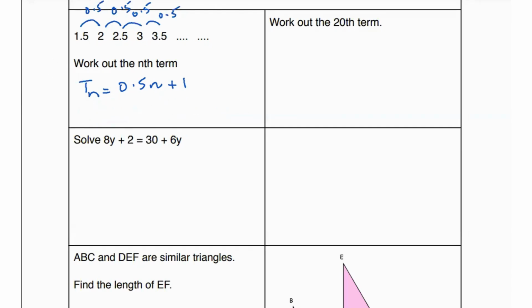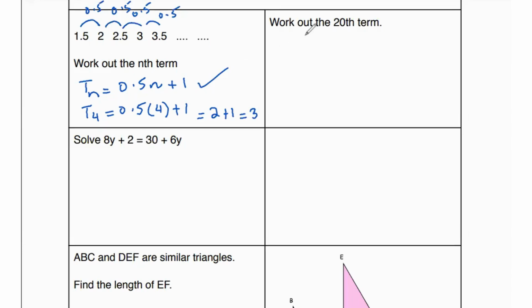Let's find another term, say the fourth term. T4 is 0.5 times 4 plus 1. 0.5 times 4 is 2, 2 plus 1 is 3, which means, yes, this is the nth term.